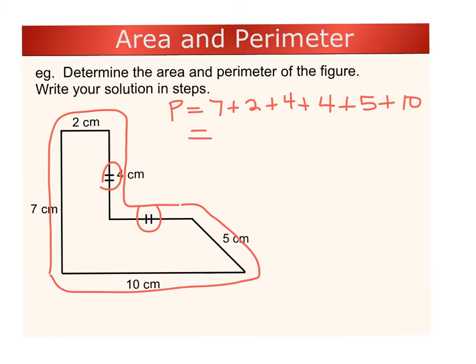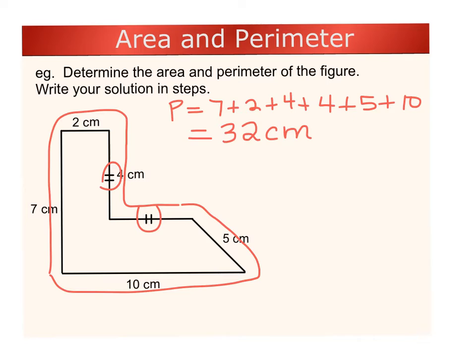When I add this up, I have 7 plus 2 plus 4 plus 4 plus 5 plus 10. I think that's 32. You can double check that. Let me know if I'm wrong. So that's 32 centimeters is my perimeter. We don't need to use a formula. We just add up the outside lengths.